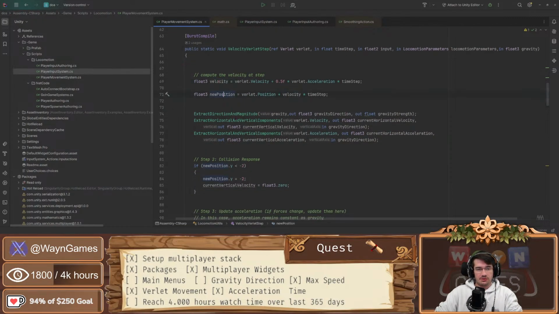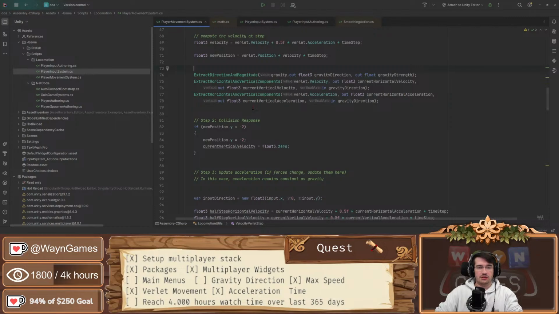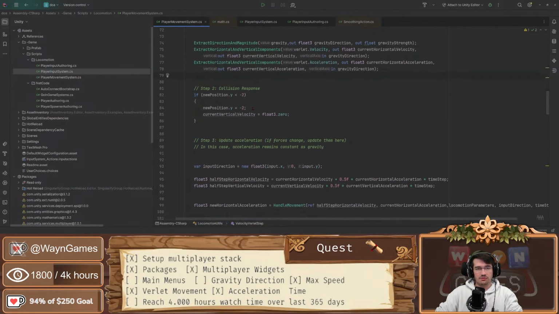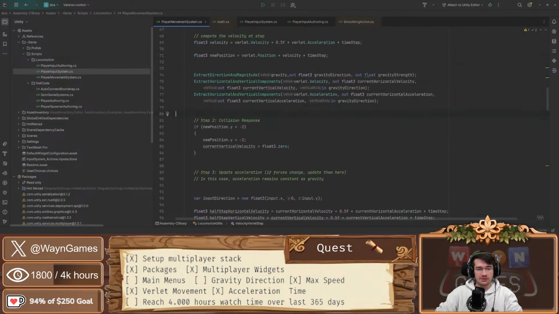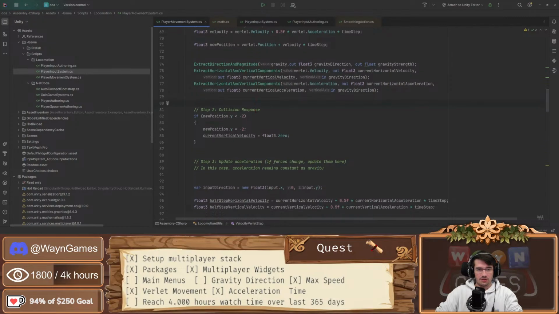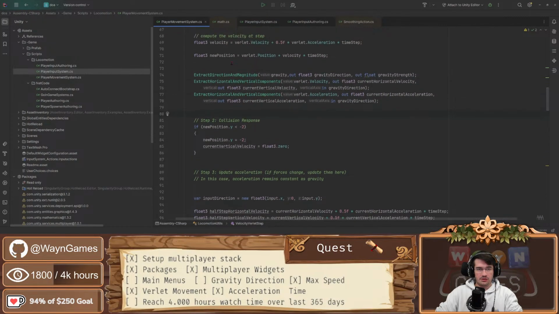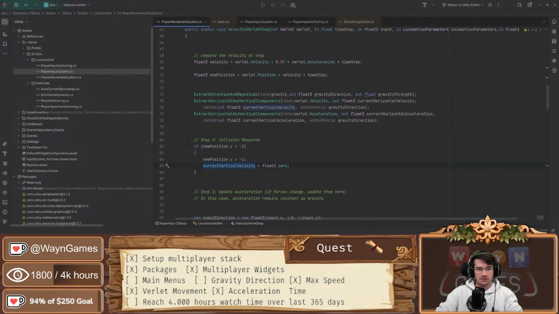So that's my velocity, my new position. Then I need to compute the new accelerations and finally compute the new velocity. So here I should update this to be a velocity.